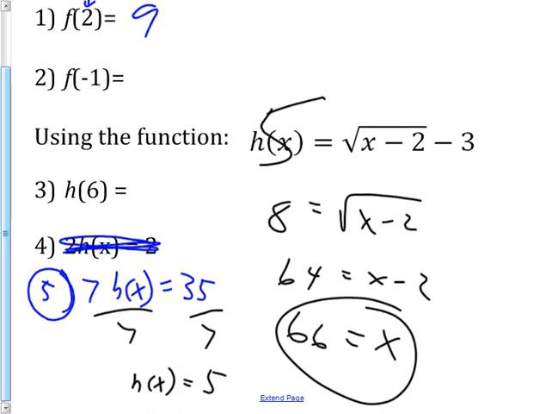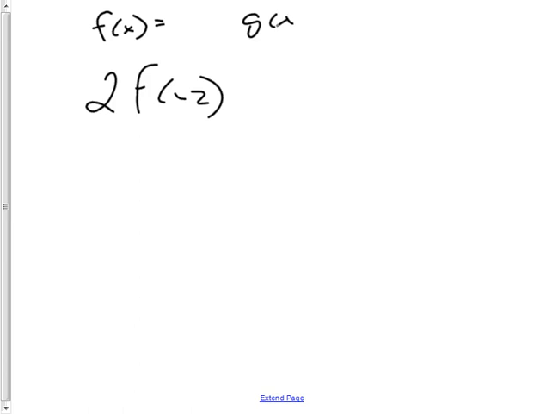The very first question on our worksheet says something like this: 2f of negative 2. Then it has like 4 functions: f of x, g of x, h of x, and some other equation probably.